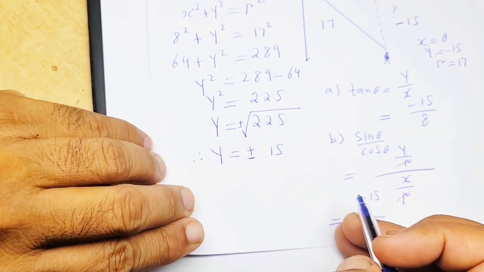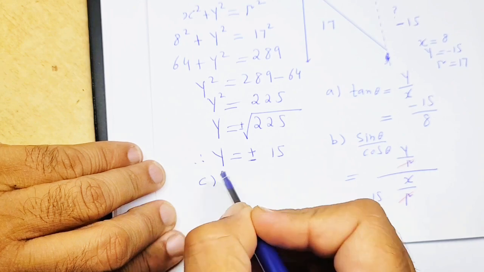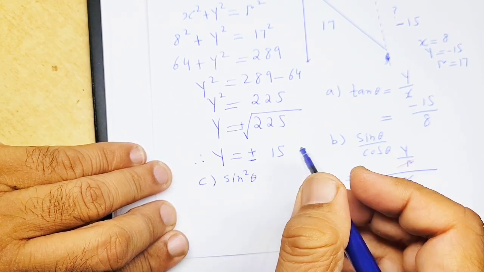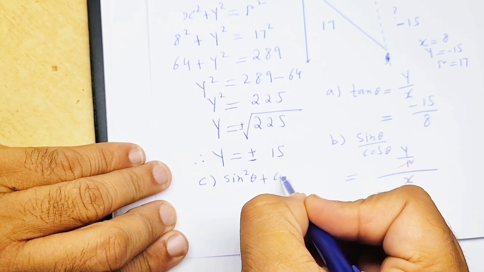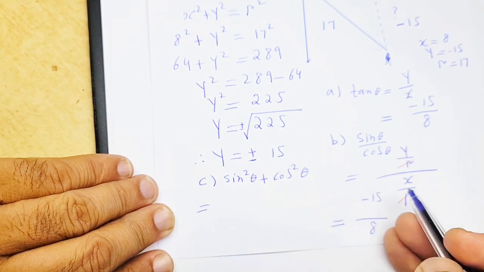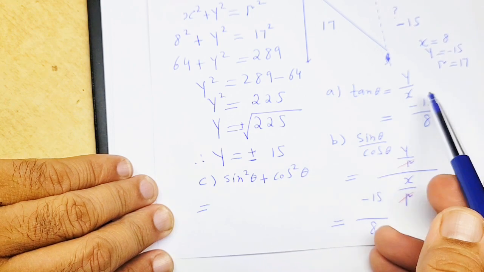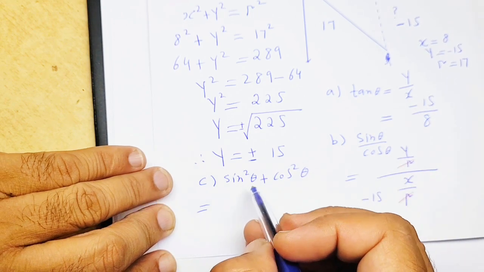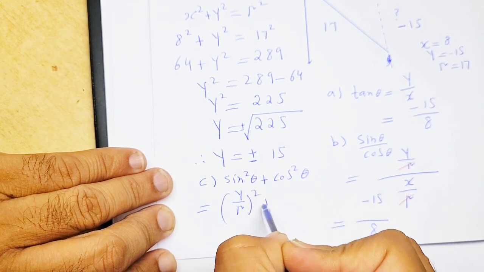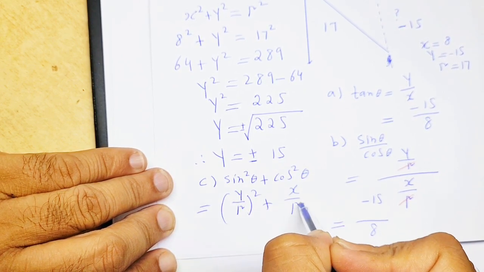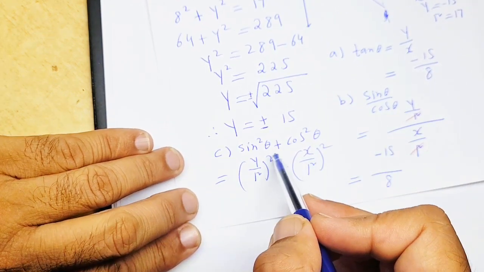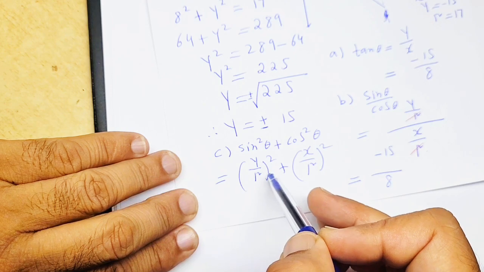The last one, part C, says sine square theta plus cos square theta. We already found the sine and cos. We can find it here: y over r square plus x over r square, because cos has to do with the x-axis and sine has to do with the y-axis.